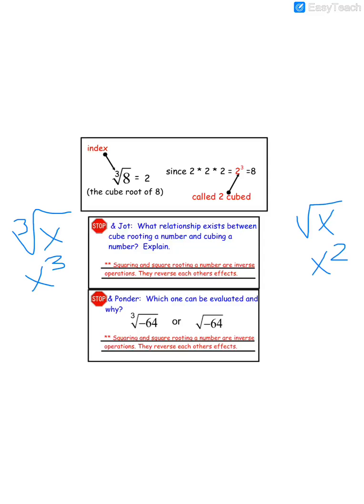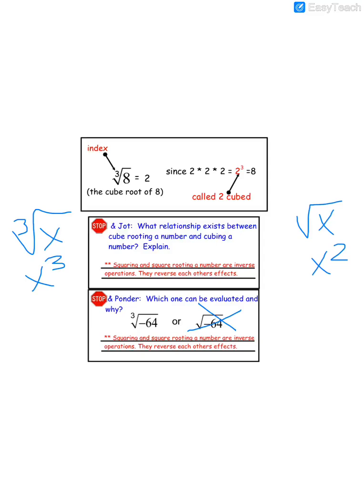So which one can be evaluated and why? The cube root of negative 64 or the square root of negative 64? I cannot take the square root of negative 64 because I cannot think of a number times itself that equals a negative number. A negative times a negative always equals a positive, and a positive times a positive equals a positive.